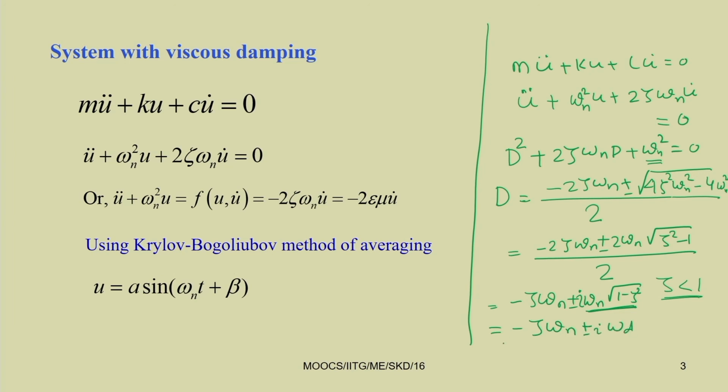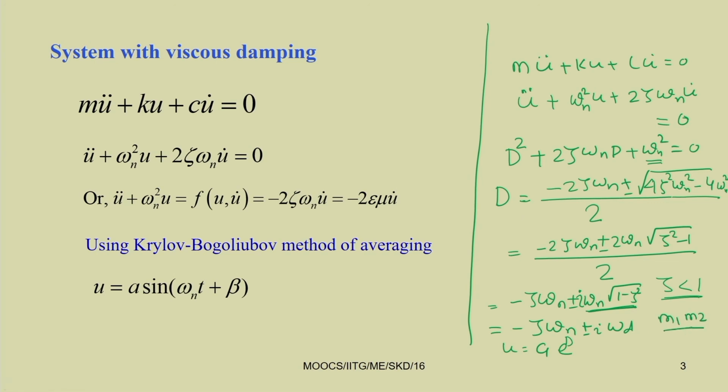The solution u will be equal to C1 e to the power of these roots, that is d1 and d2, or I can write the roots as m1 and m2.